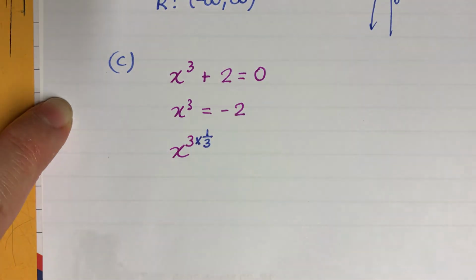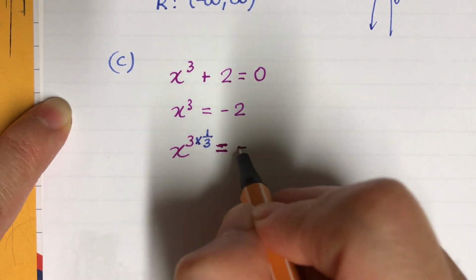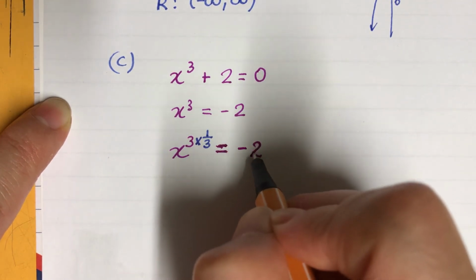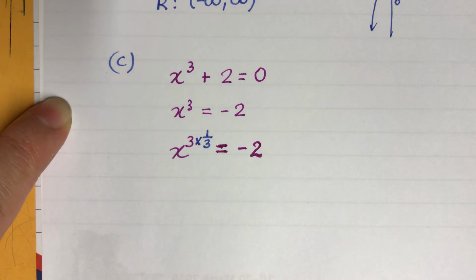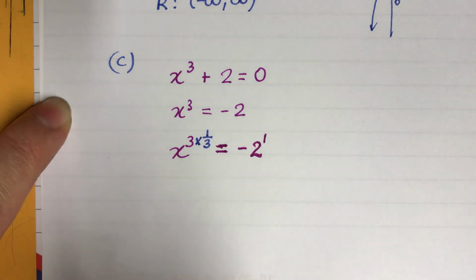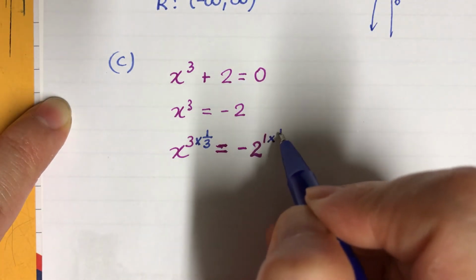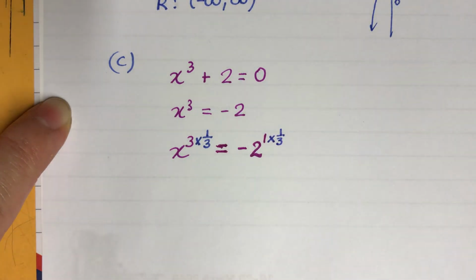So I'm going to do the same thing, whatever you do, because it's an equation, you see. You've got to do the same thing on the right-hand side as the left-hand side. Now, as you can see, the 2 has a 1 here. We can't see it, but it's there. Then I'm going to do the same thing, 1 over 3. Okay?